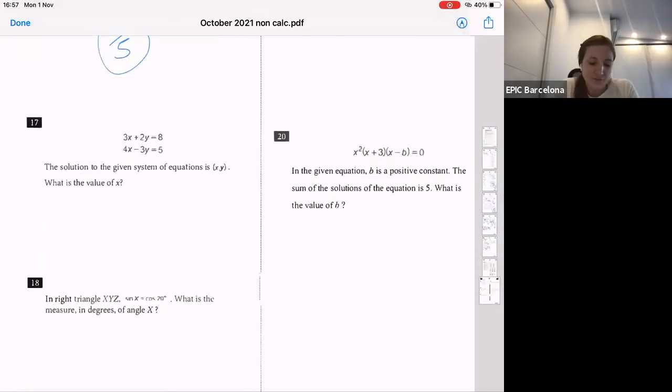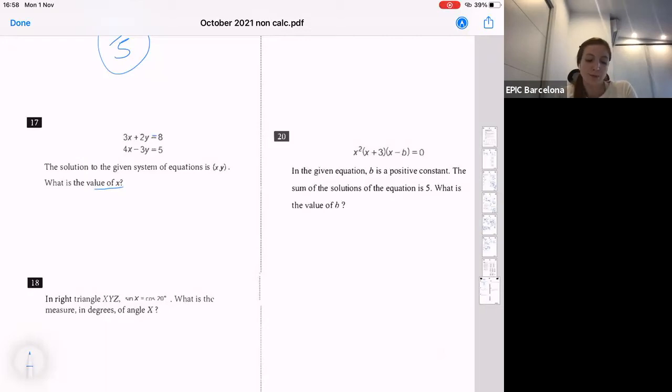Okay, the solution to the given system of equations is (x, y). What is the value of x? I'm going to do the elimination method. You can do elimination or substitution, it just seems like elimination could be easier.